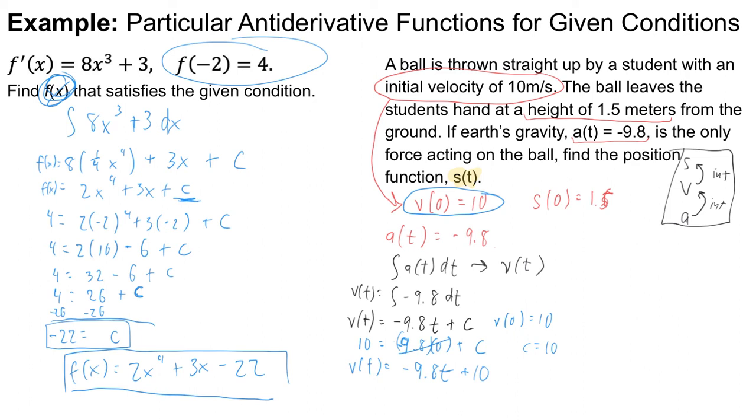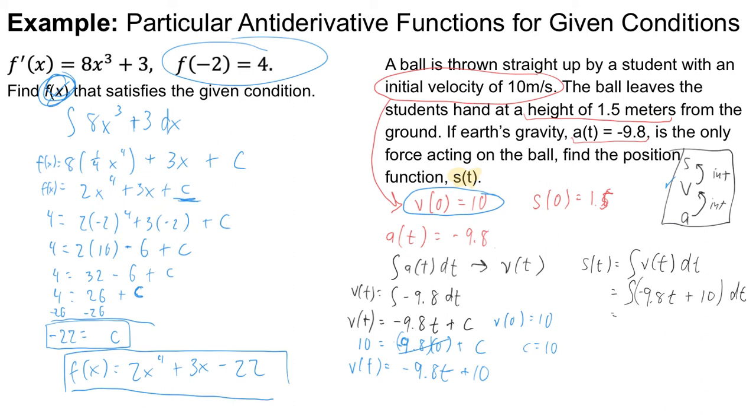So now to get the position function, I'll do the integral one more time. So we got the velocity function. Now let's get the position function. So doing that one more time, I know that the position function will equal the integral of the velocity function, negative 9.8 t plus 10 dt.